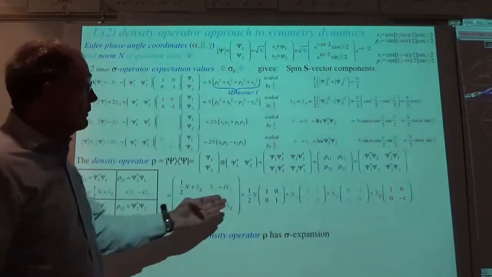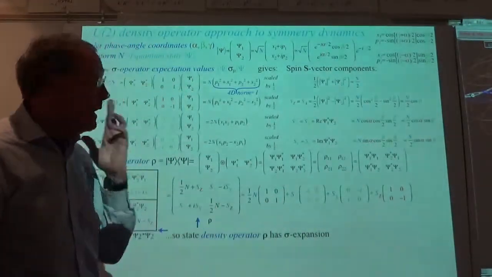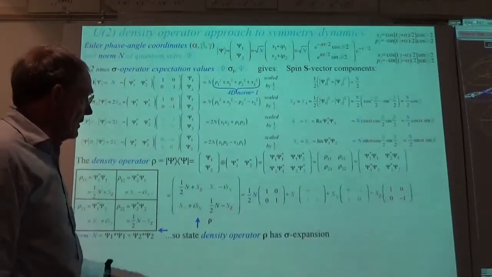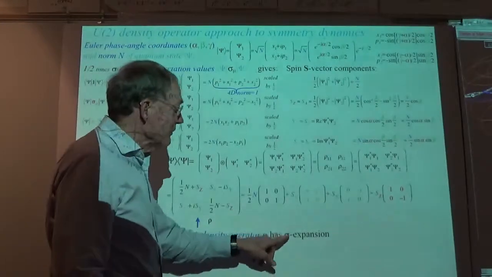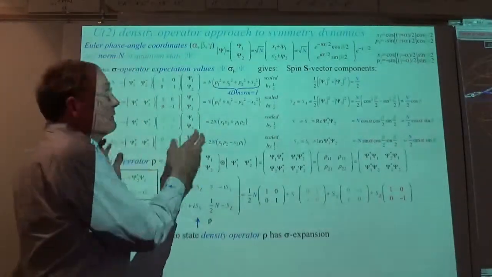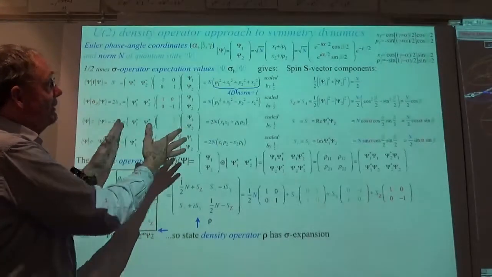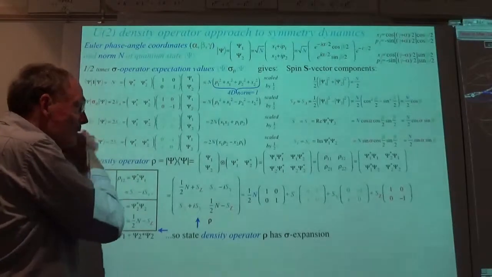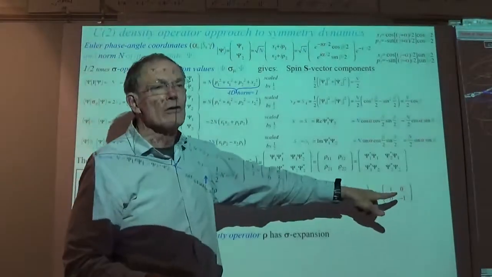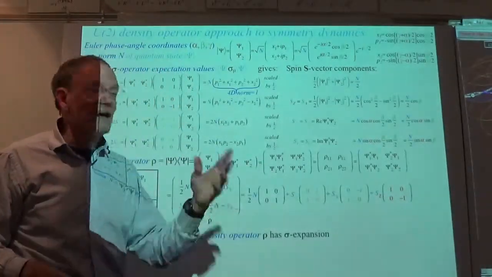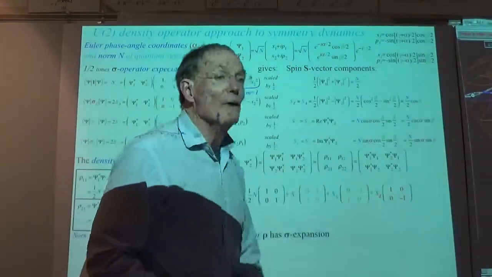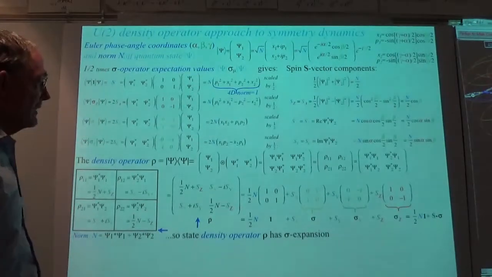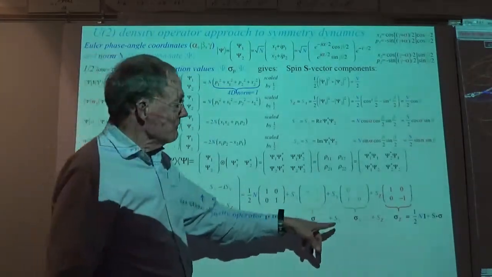Okay, so that's a nice convenient way for us to use it, as you're going to see. So the idea is that the density operator rho has a sigma expansion, and that's what you do with every operator that ever comes up in this 2-dimensional quantum mechanics. First thing you want to do is see what its expansion looks like. You want to try it out in the sigma basis, see what it does. Okay, so there's the algebraic expression right there.